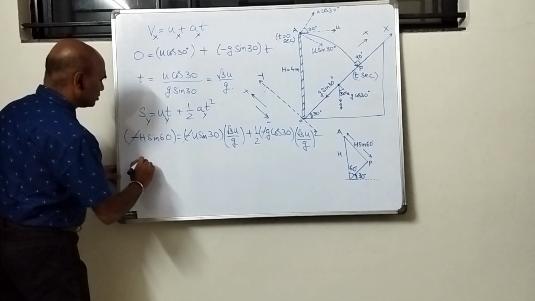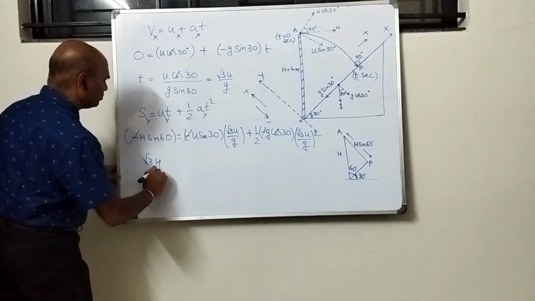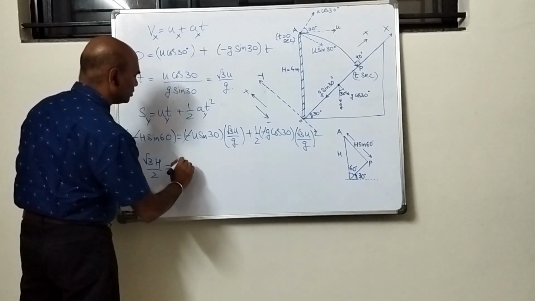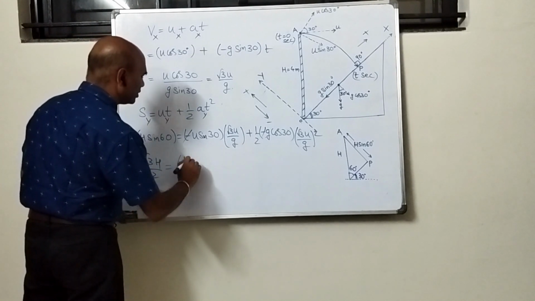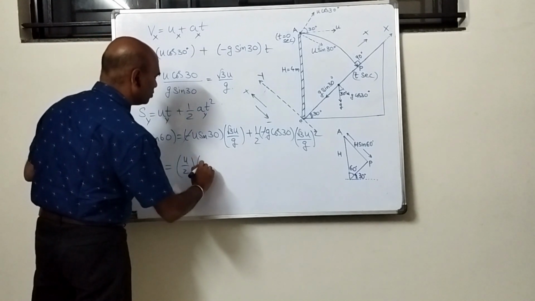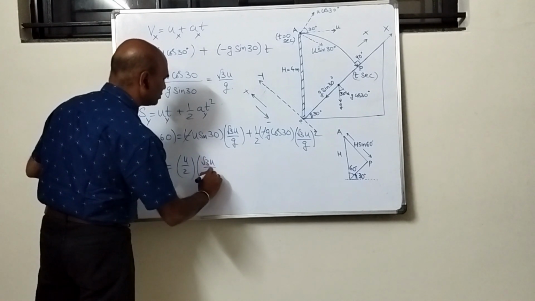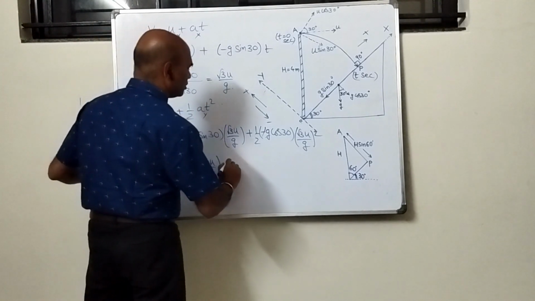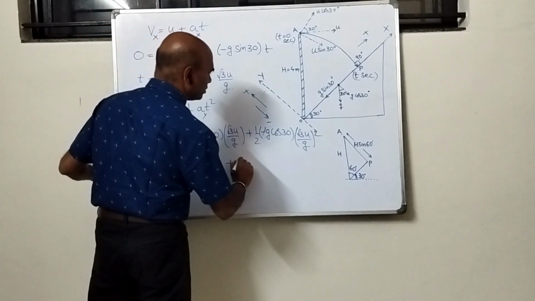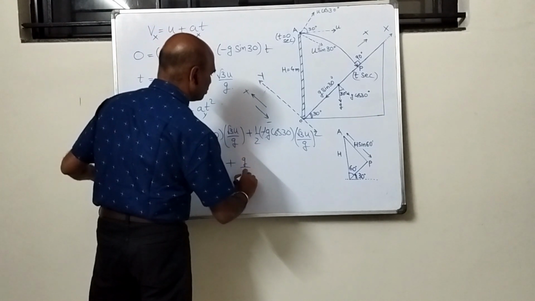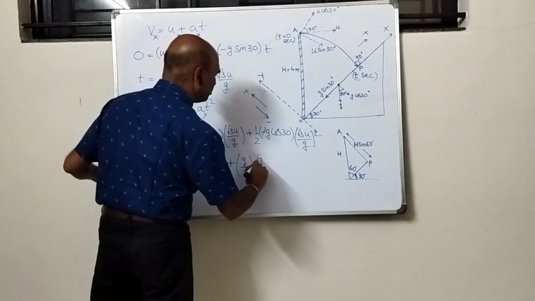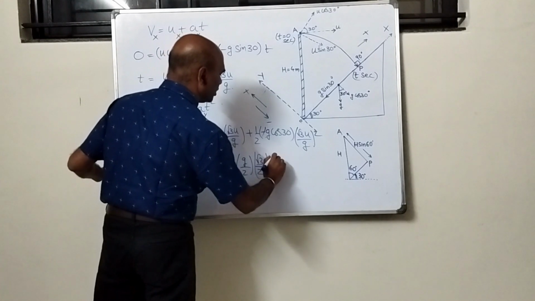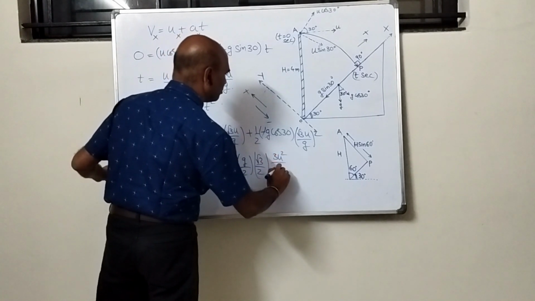We can write root 3 h by 2 is equal to u by 2, as sin 30 is 1 by 2, into root 3 u by g, plus g by 2 into root 3 by 2 into 3u square by g square.